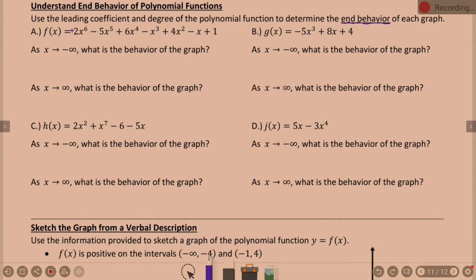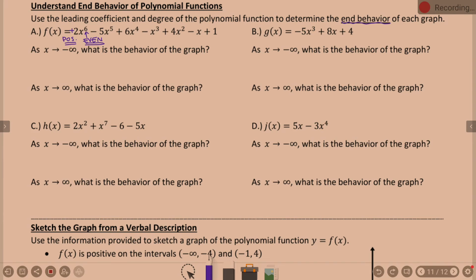Out here, the 2 in front is positive, and it's an even exponent. That's what you have to know. Do the rest of those terms even matter? Nope. You just need to find the term that has the highest power and use that.